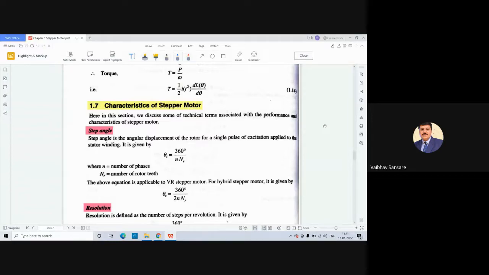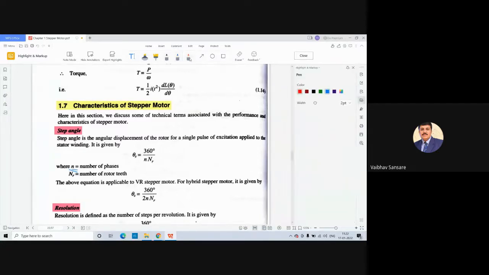So we define the step angle as the angular displacement of the rotor for a single pulse of excitation which is applied to the stator winding. We generally calculate this step angle with the formula theta s is equal to 360 degree divided by small n into nr, where theta s is the step angle in degree, small n is the number of phases, and nr is the number of rotor teeth.